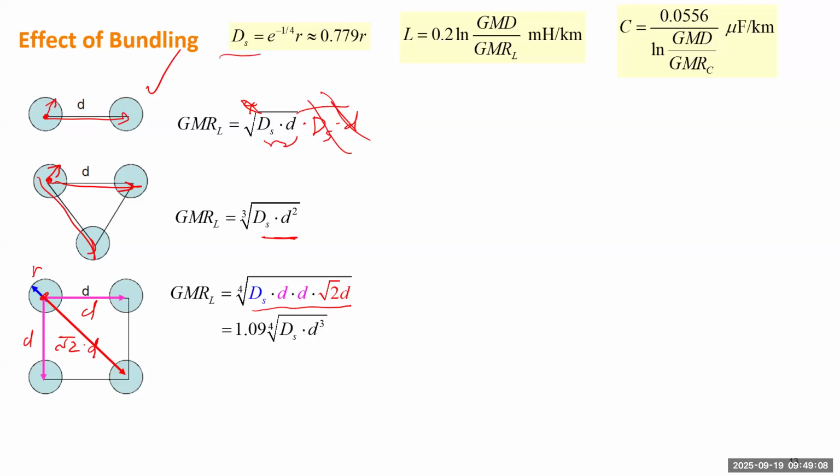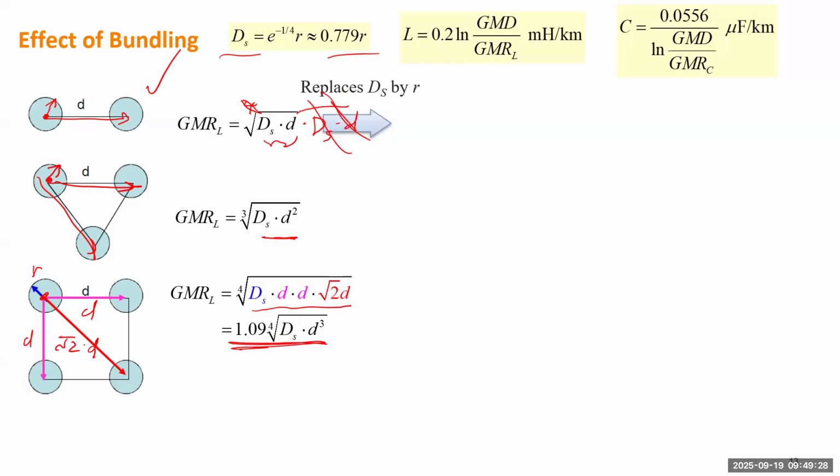Because ds is 0.779 times R, if you plug in that value, it finally translates to a number, a factor of D.